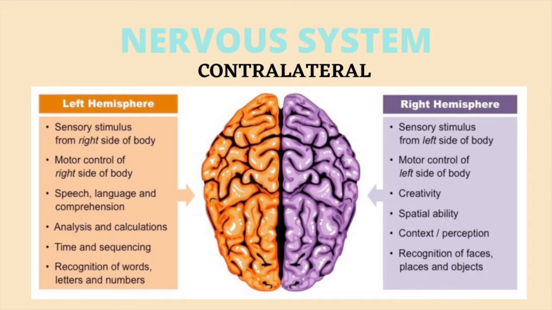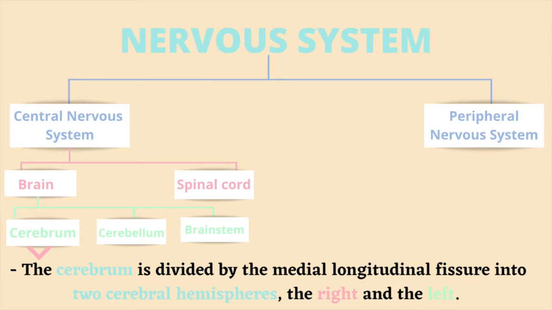Right hemisphere: sensory stimulus from left side of the body, motor control of left side of body, creativity, spatial ability, context or perception, and recognition of faces, places, and objects. So what we need to remember here is that the right side of the brain controls the left, while the left side of the brain controls the right side of the body. So that is the contralateral.